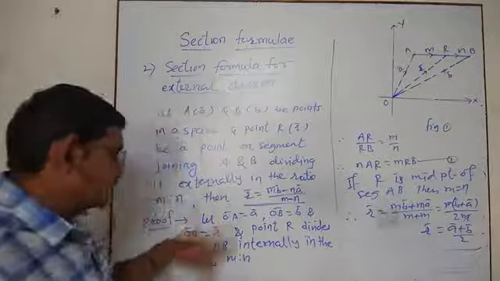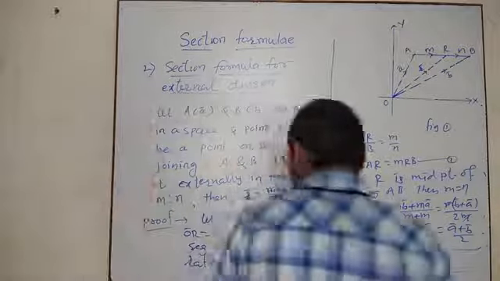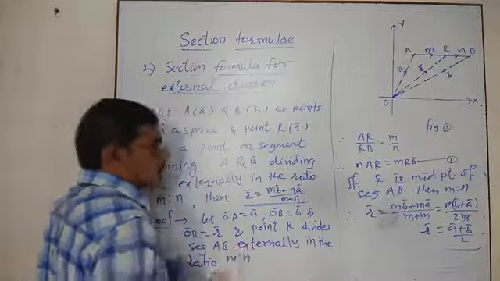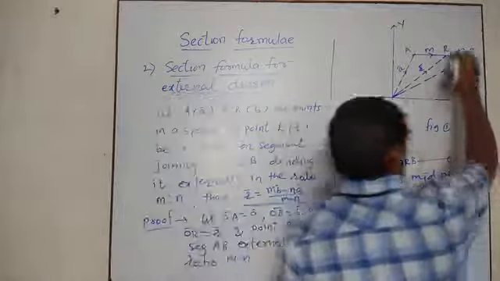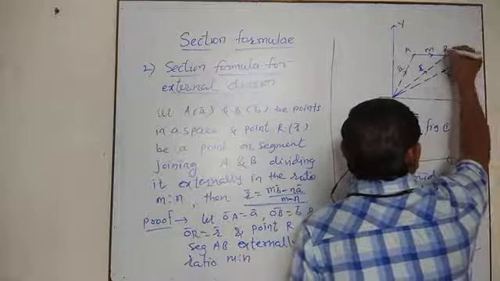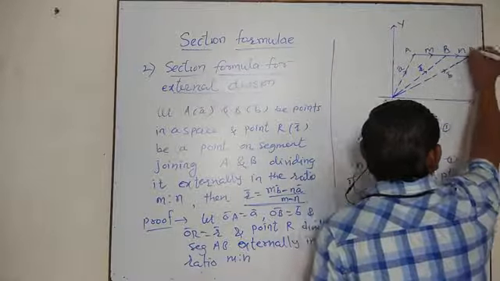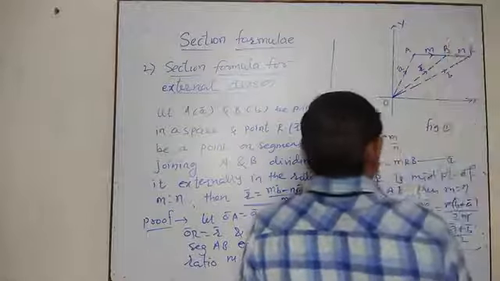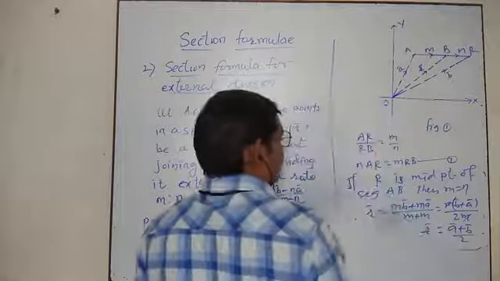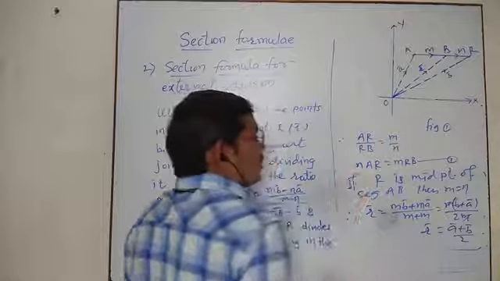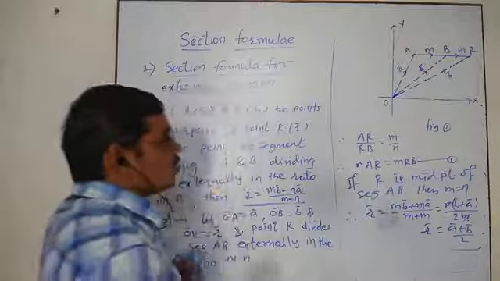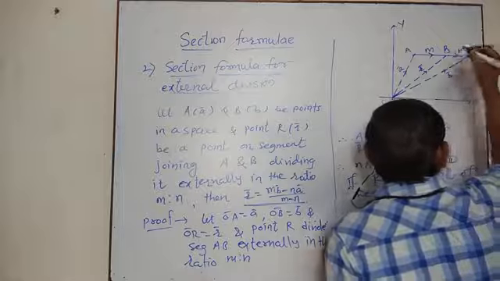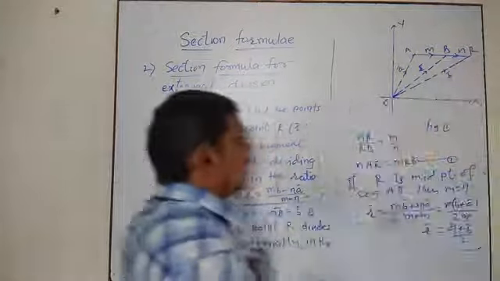We take the same things, but this R divides externally in the ratio m:n. So here we let this is A, this is B and this is R. So AR is equal to m and BR is equal to n.